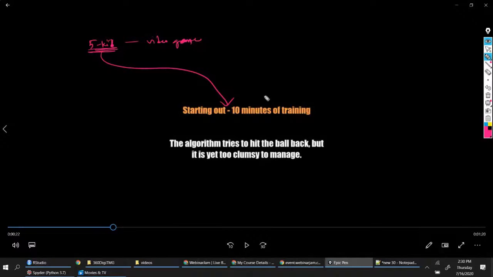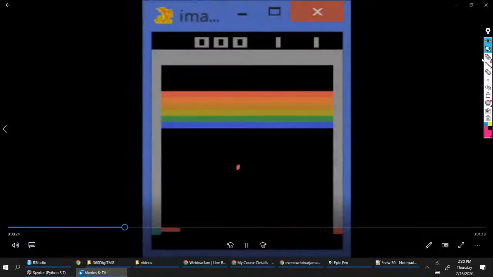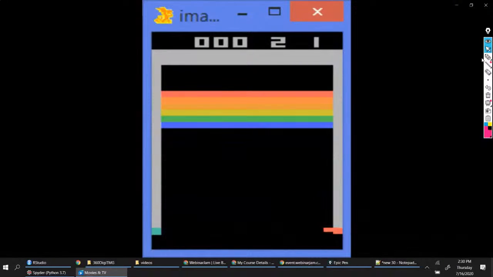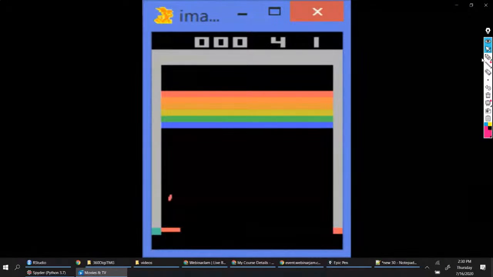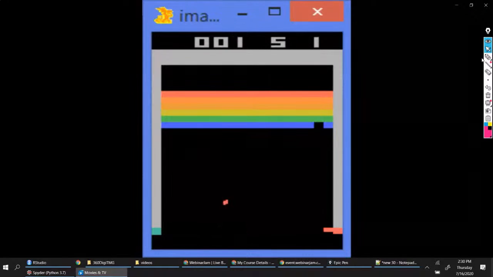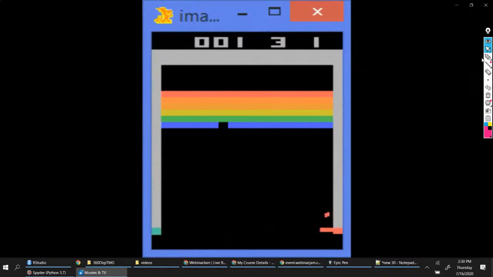The initial 10 minutes, look at what happens to the algorithm here. It's just behaving like a human. Observe. It is trying to figure out the game. Slowly it is trying to understand, okay, I should make sure that the ball does not fall. I have to move the bar in such a way that the ball is bounced back and I get scores.